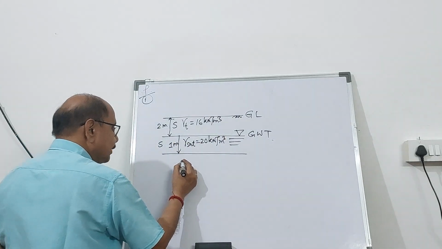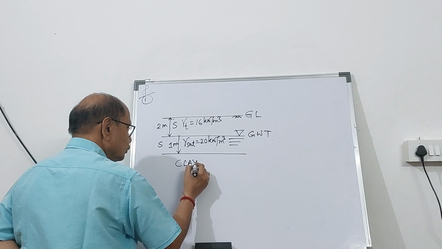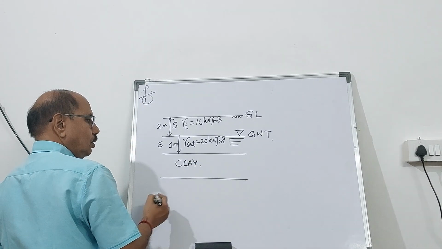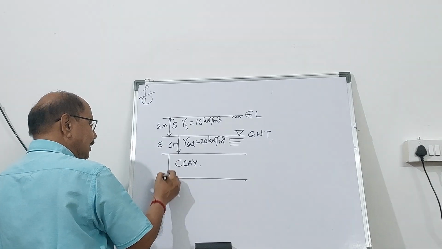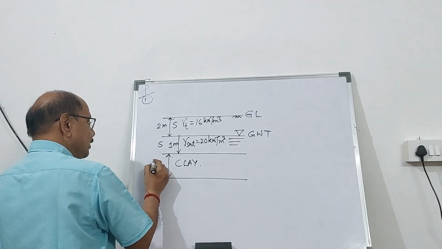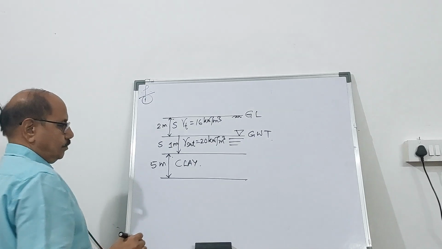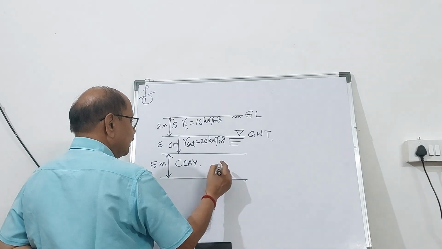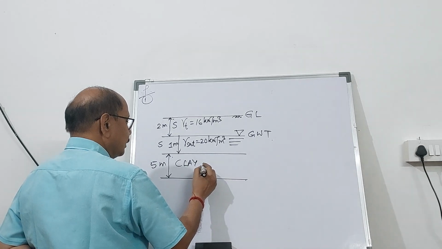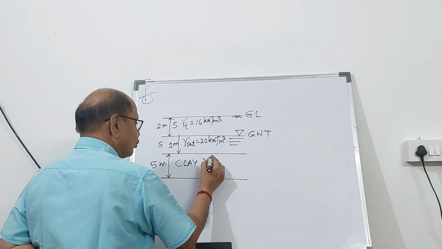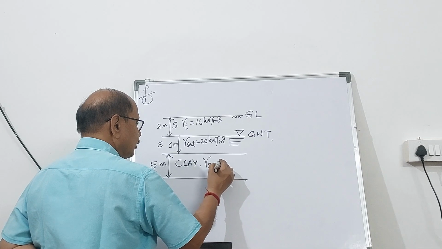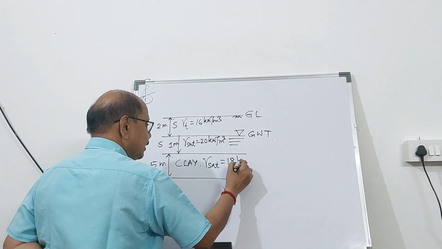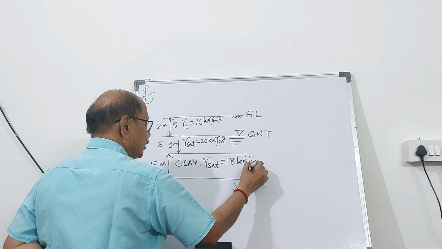And then there is clay. The clay height is 5 meter, and it is completely saturated, and the saturated unit weight of this clay is say 18 kilonewton per cubic meter.